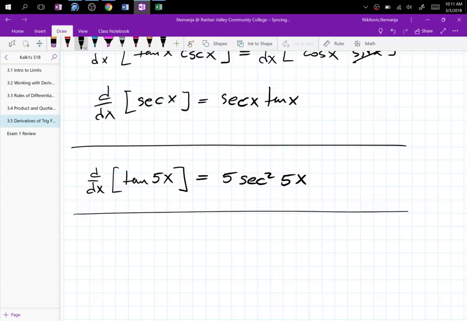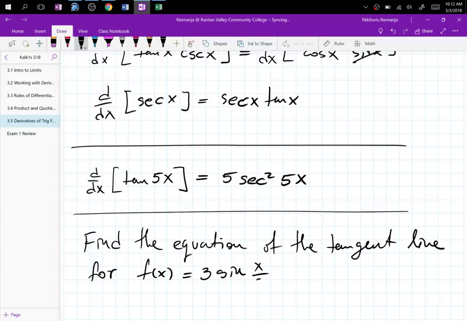Find the equation of the tangent line for f of x equals 3 sine x over 2 at x equals pi over 3.